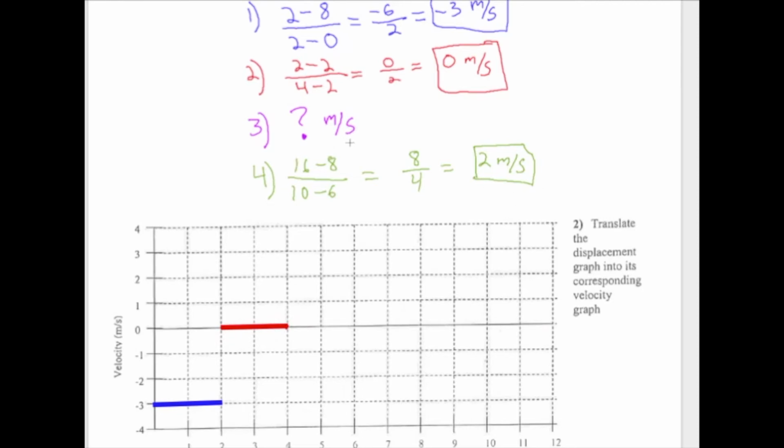I don't know what's happening from 4 to 6 seconds, so I'm going to leave that blank. I'm going to skip over it and go to 6 to 10 seconds. So from 6 to 10 seconds, my object is experiencing a constant velocity again of 2 meters per second. So I'm going to go ahead and draw my line here. And then now all I'm missing is my 4 to 6 second velocity.